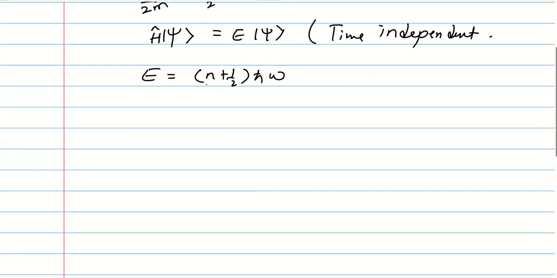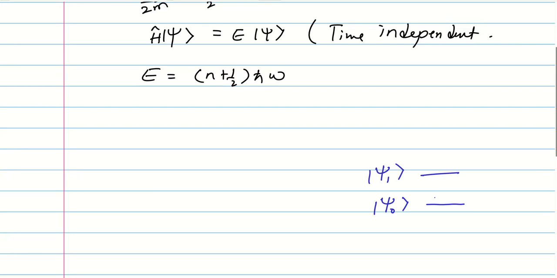So what this n represents is the different states this simple harmonic oscillator can be in, right? So for the n equal to 0 state, let's suppose this is represented by psi 0, and this is the n equal to 1 state. So what energy is this having?